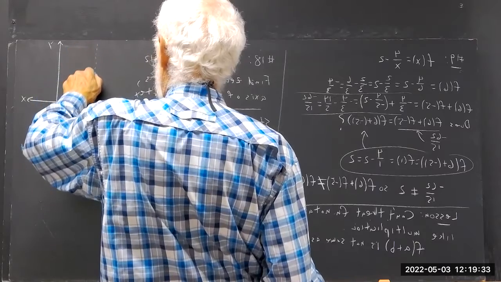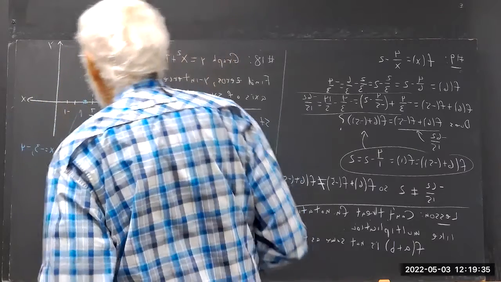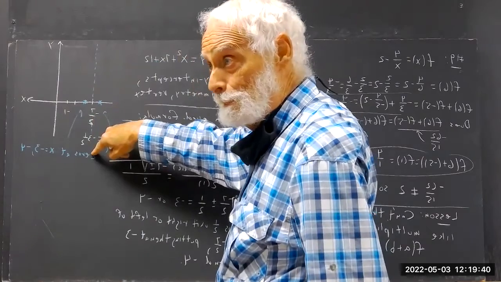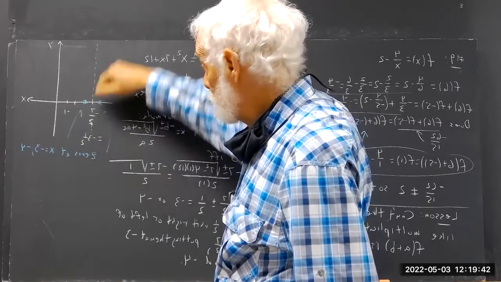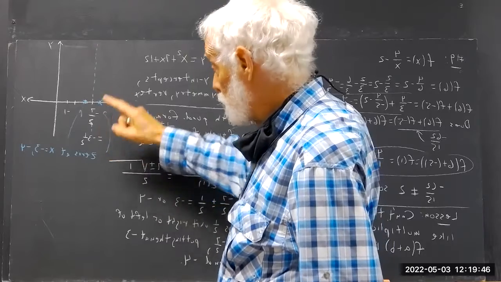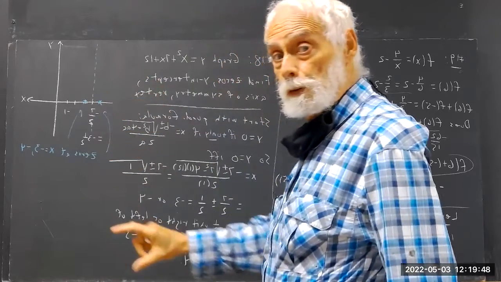The axis of symmetry goes halfway between the zeros. The zeros are half a unit to the right and half a unit to the left of this number, right? So the axis of symmetry has to go through that number. And this emphasizes why the axis of symmetry is what it is.